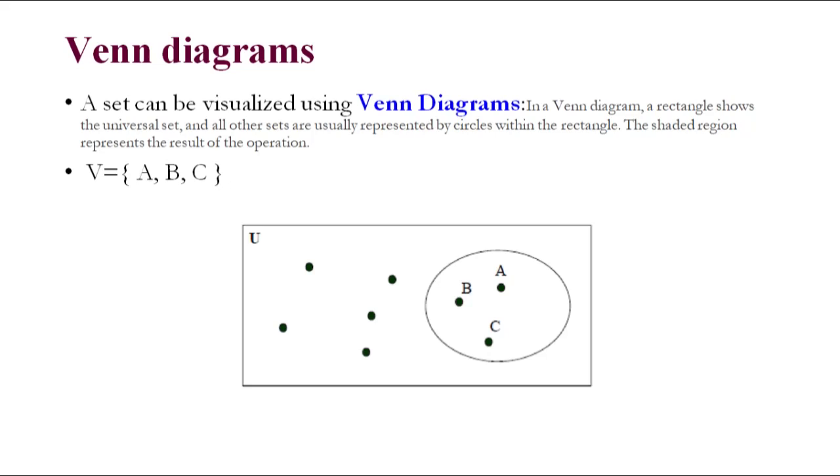Let V = {a, b, c}. You want to represent this particular set V = {a, b, c} under the universal set. There may be any number of elements, but you have to figure out only a, b, c. The best example is that you are looking into the sky and you want to figure out the moon.